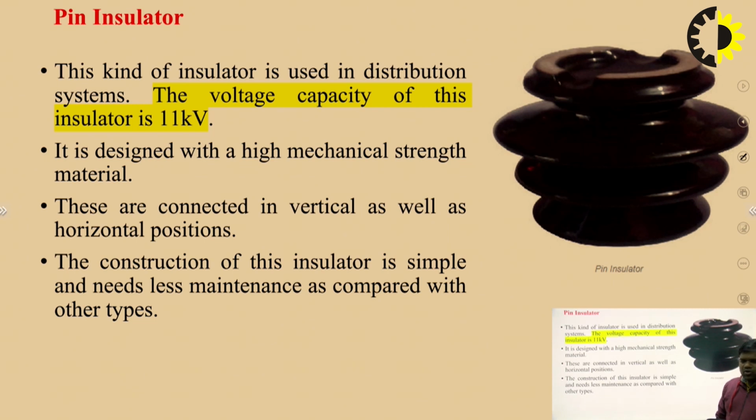If we talk about the insulators and their designing and their ratings, the first one is the pin insulator. This type of insulator is used in the distribution system, and the voltage capacity of it is 11 kV.